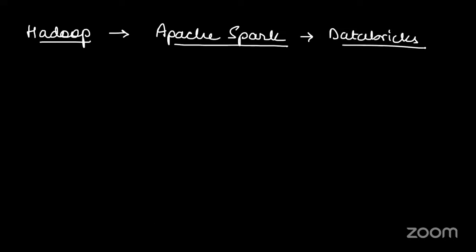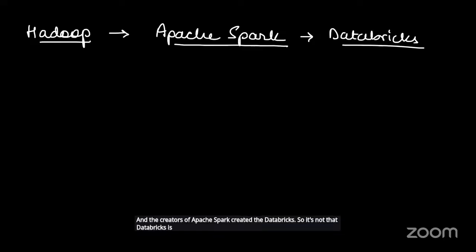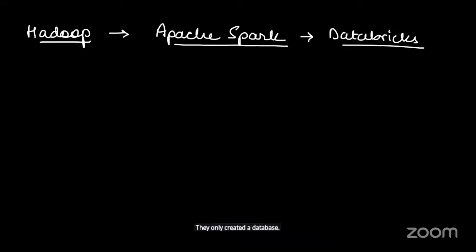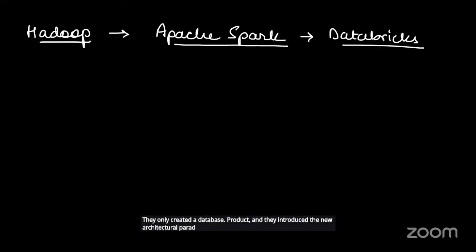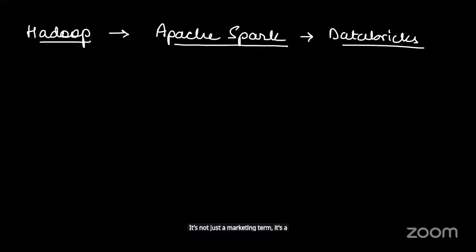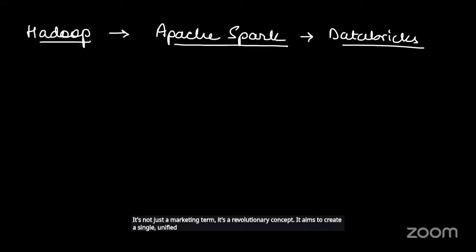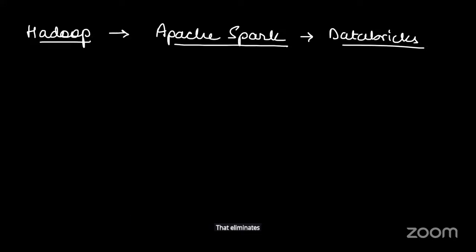So it's not that Databricks is a separate thing created by somebody else. No, the people who created Apache Spark created Databricks. All right. And they introduced the new architectural paradigm, the lakehouse. It's not just a marketing term, it's a revolutionary concept. It aims to create a single unified platform that eliminates the need for separate data lakes and data warehouses.